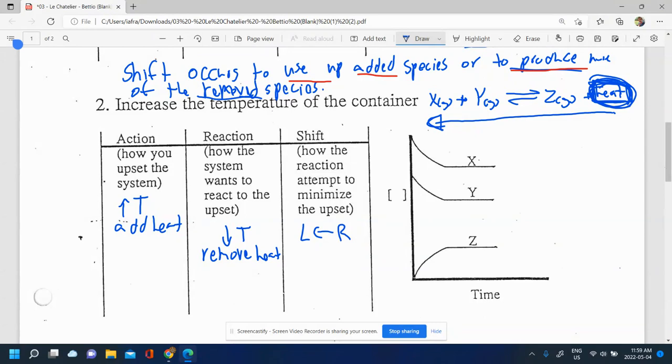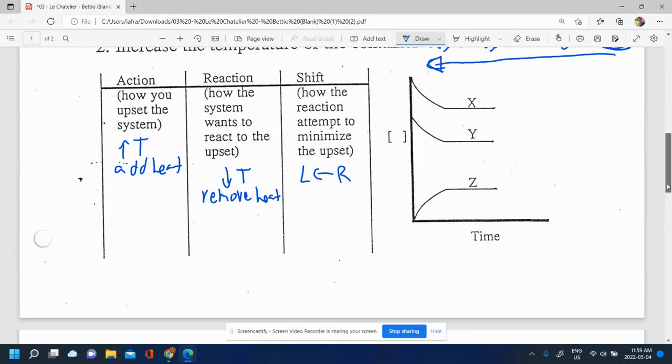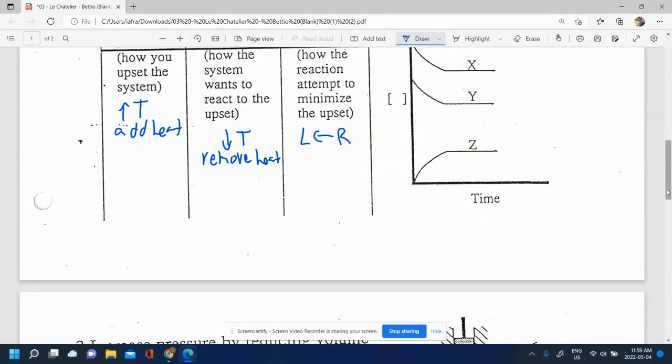Now we want to produce more heat, so the reaction will go the other way. So essentially, how do temperature changes affect an equilibrium? Well, it depends on if the reaction is endothermic or exothermic.